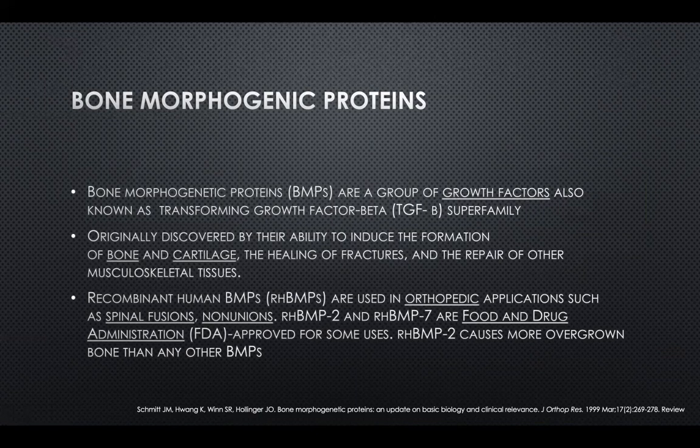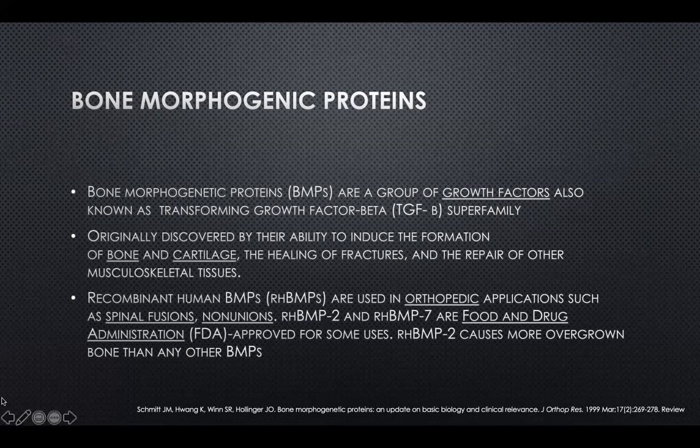The BMPs, which are a group of growth factors originally, and it's from the family of transforming growth factor beta, and they were discovered by their ability to induce the formation of bone and cartilage and enhance the healing of fractures and the repair of skeletal tissue as well.